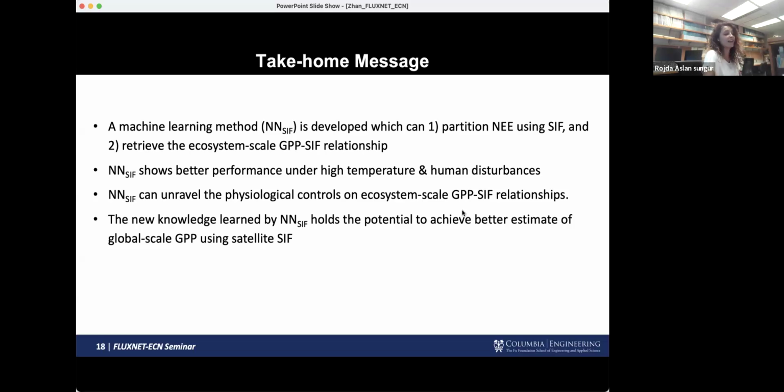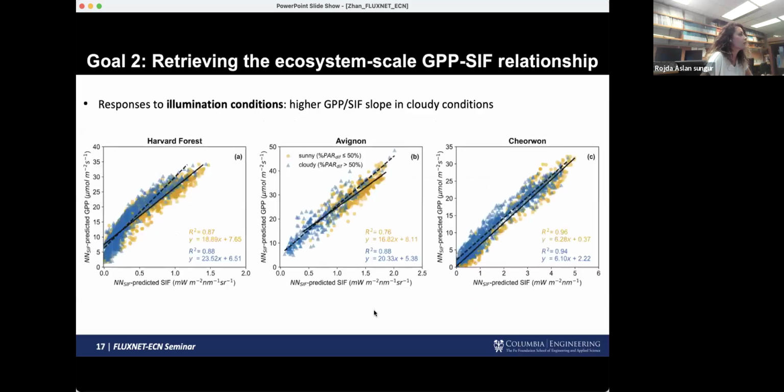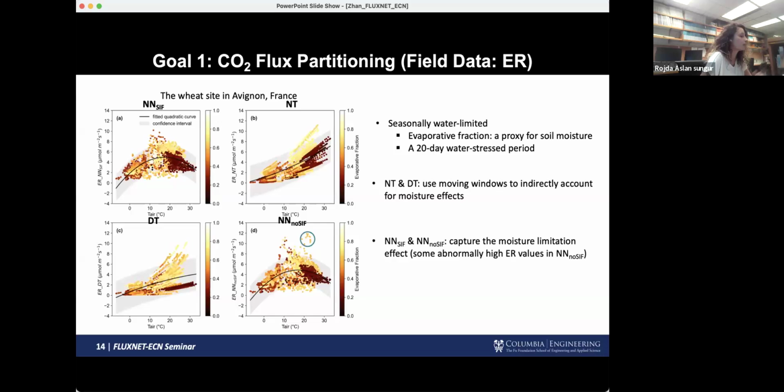Okay, sorry, I couldn't type it because my question is maybe not clear even to me. Vivi, that was fantastic. Can you come back to your figure related to evaporative fraction, ecosystem respiration? Yeah, that one. For the model that includes SIF and the one without SIF, they looked like a similar trend, which was great to catch the water stress.